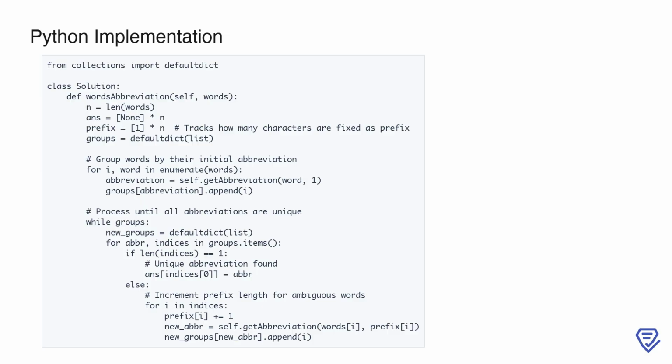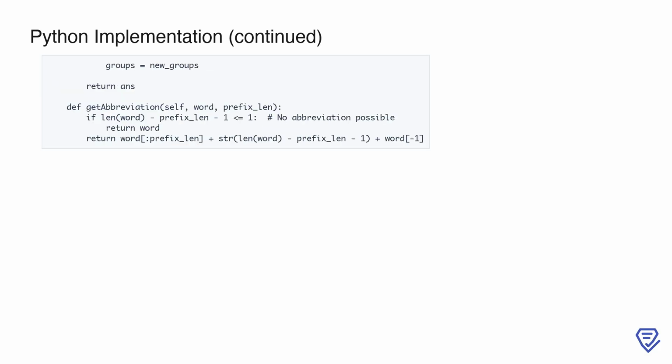For ambiguous abbreviations, we increment the prefix length for each conflicting word and recompute its abbreviation. These new abbreviations are then added to new groups for further processing. Here, the groups dictionary is updated to point to new groups, and the loop continues until all groups have been processed, ensuring that each word has a unique abbreviation. Finally, the method returns the ans list containing the unique abbreviations for all the words.